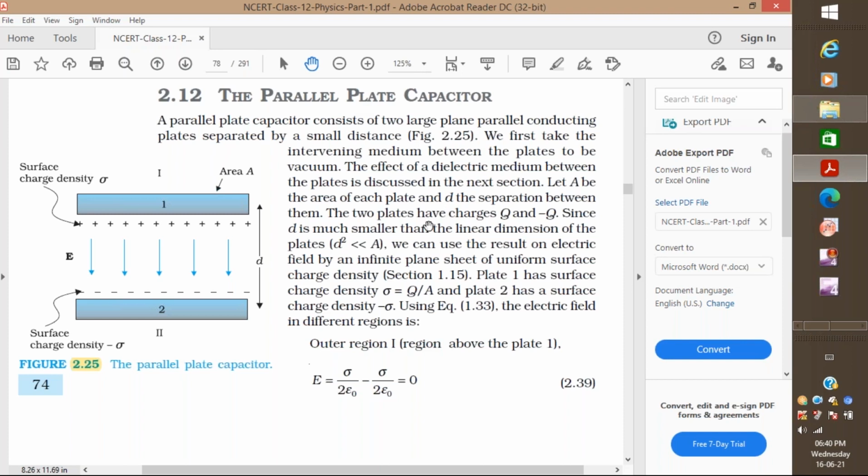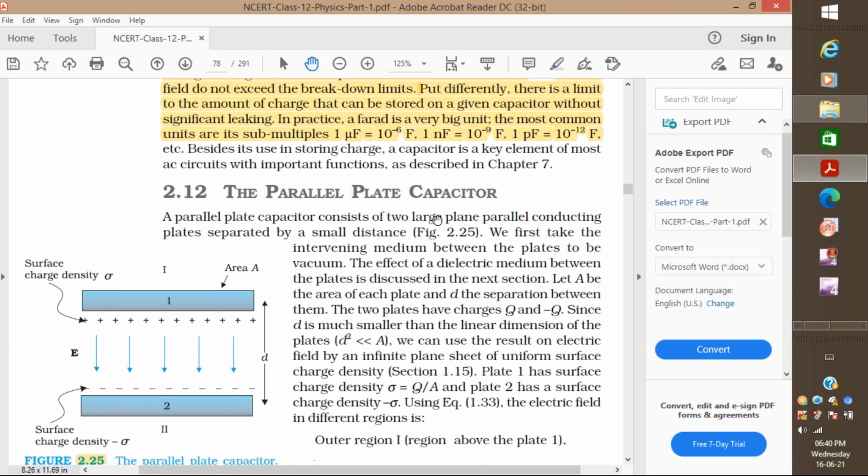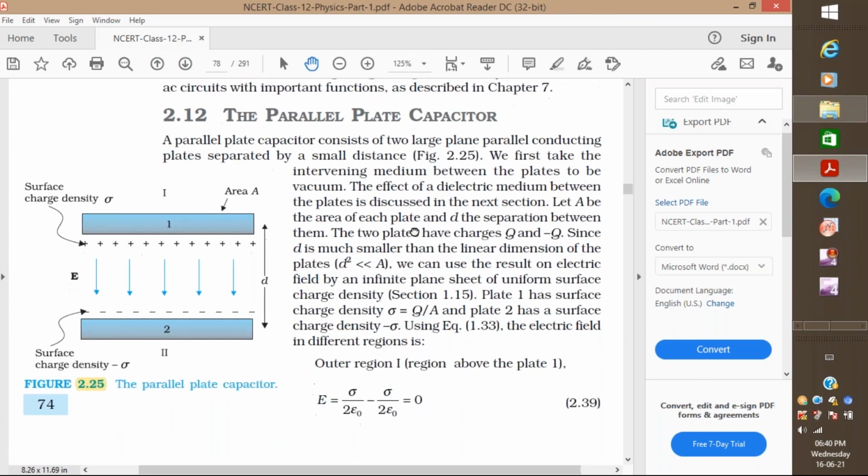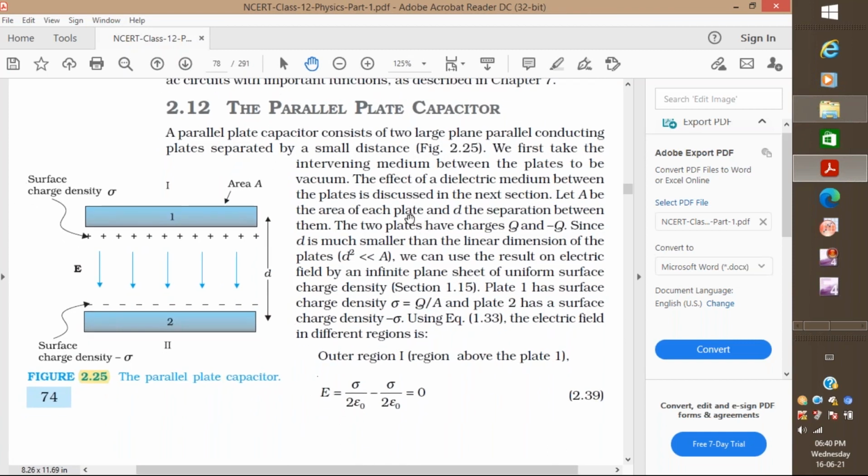Now today we'll be learning another thing, that is the parallel plate capacitor. What is a parallel plate capacitor? As I told you, a capacitor means you must have two conductors having the same charge, and they will be separated by an intervening insulating material.